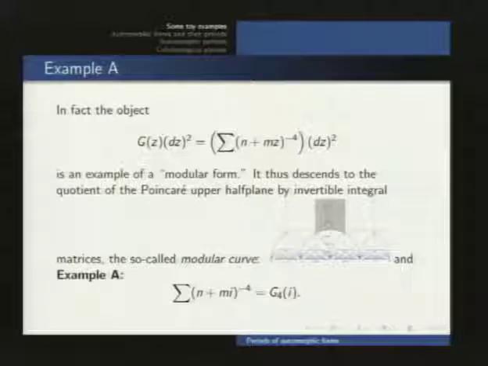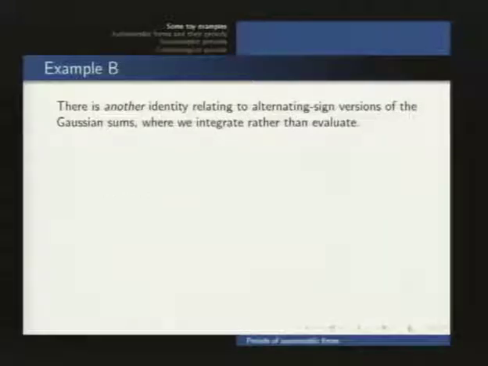All right, now let me do a second example. In the first example, I had this zeta-like thing, which is a special value of a modular function. It's a value at a specific point. There are other identities of this type, where rather than evaluating at a point, you integrate something. To illustrate that, I'll use that alternating sign version of the Gaussian.